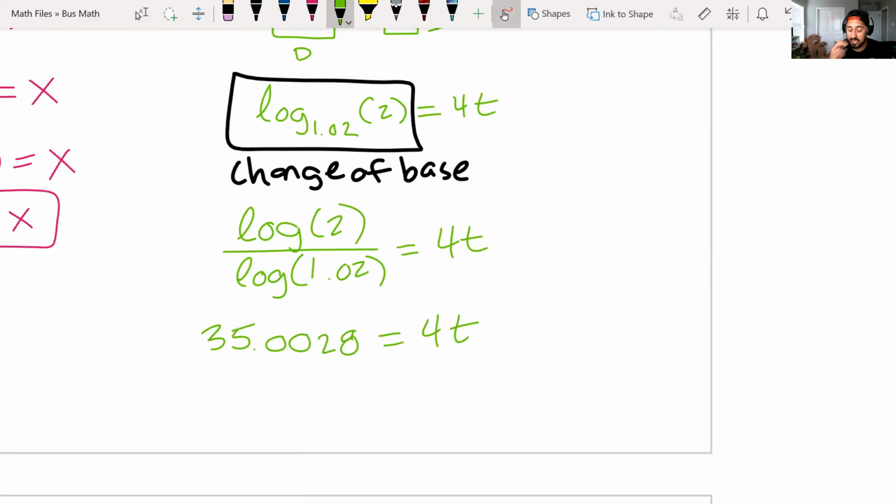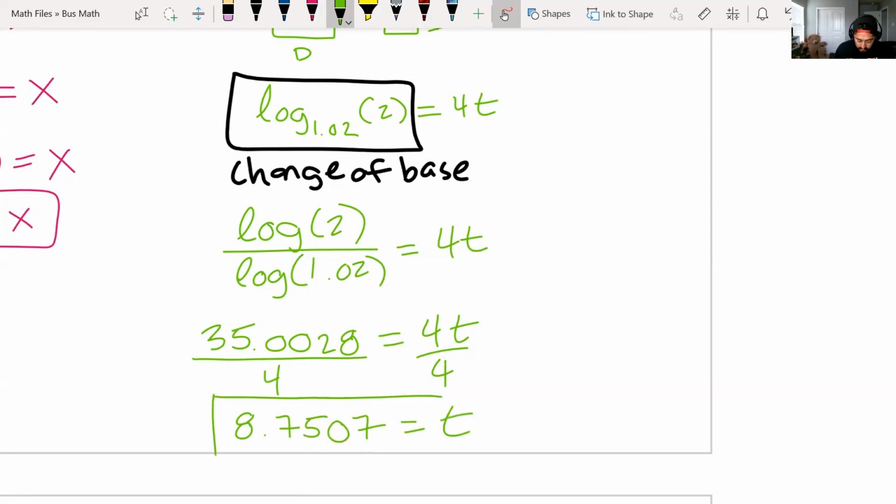And now all I have to do to solve for t, divide by 4. Divide by 4. And we get 8.7507 equal to t.